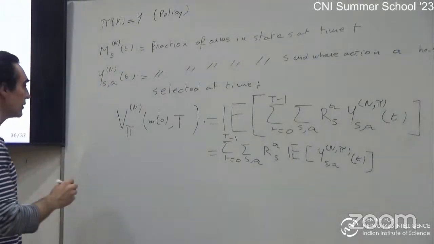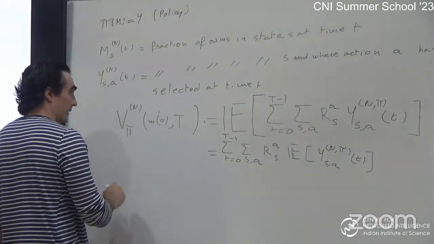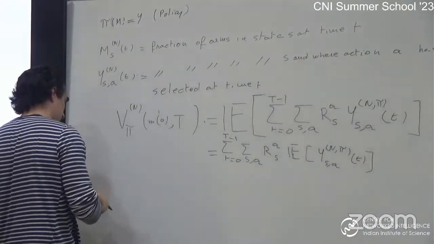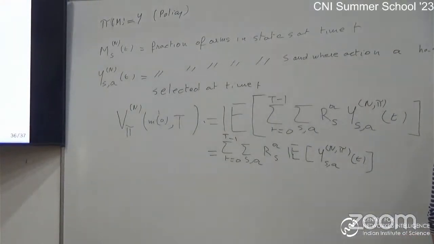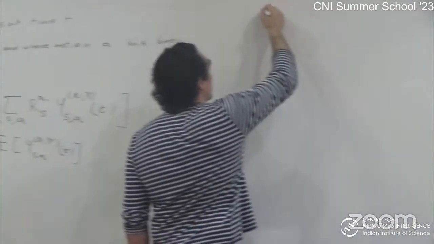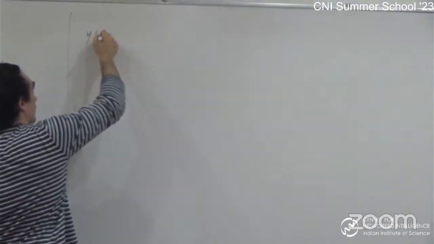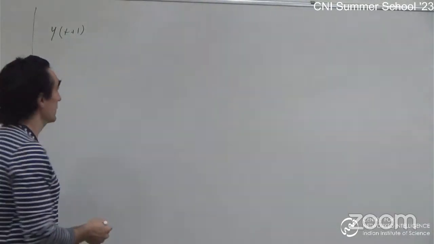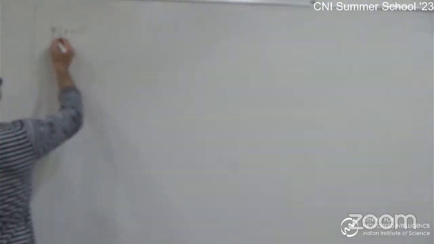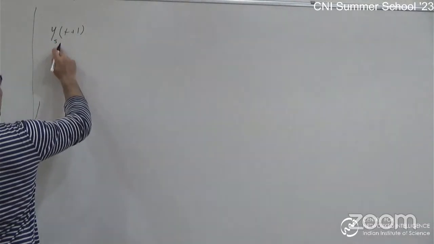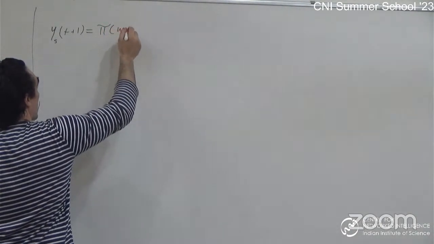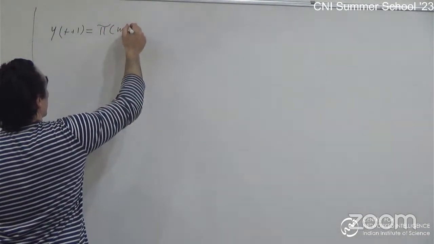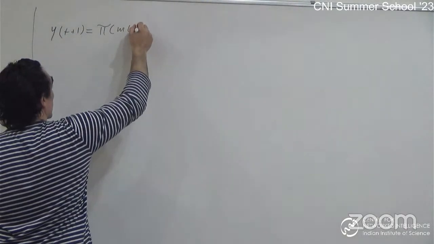So now what I would like to understand is what is the dynamic of what's happening inside the LP, so what's happening in a bridge, right? And what is happening in a bridge is that y of t plus 1 is equal to p of m of t plus 1.